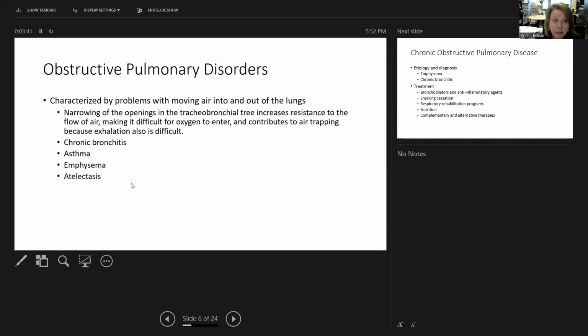But asthma is also another obstructive pulmonary disorder, but it can be resolved. If you have an exacerbation and you're having a problem with asthma, it can be resolved. But COPD, it's irreversible. We can reverse asthma, we can fix what's going on, and they can go back to their normal. But for COPD, that does not happen.